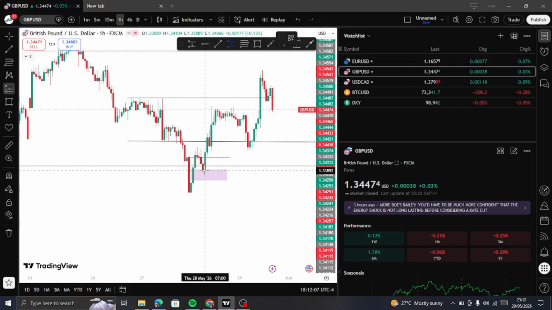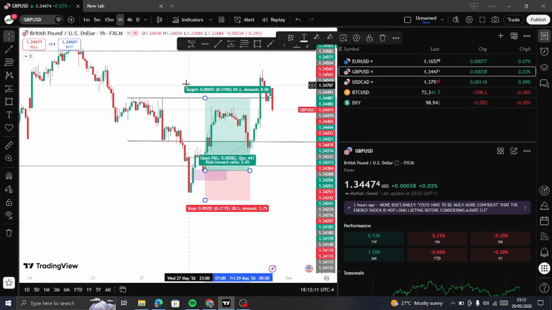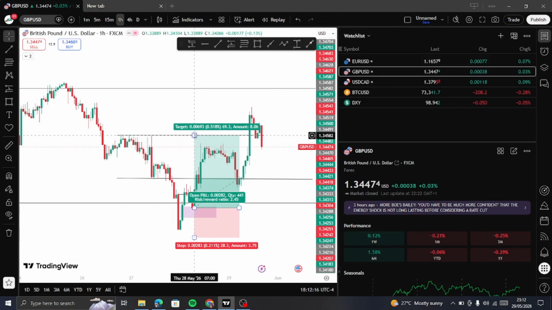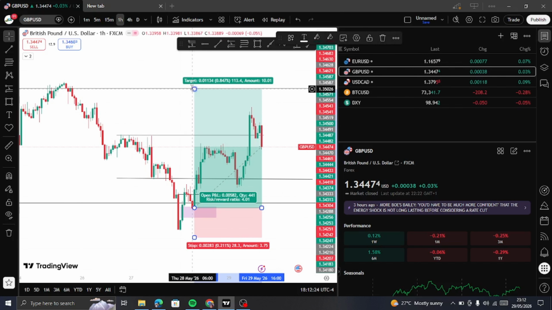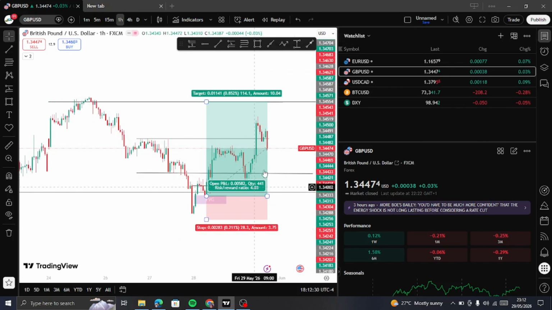I entered long from here. This was my first take profit. This was my second take profit. So the market is still going. This was the second trade.